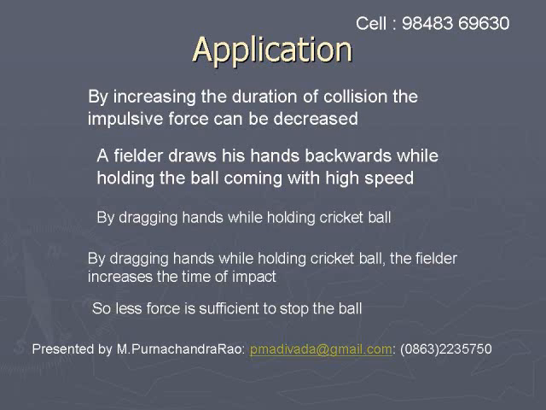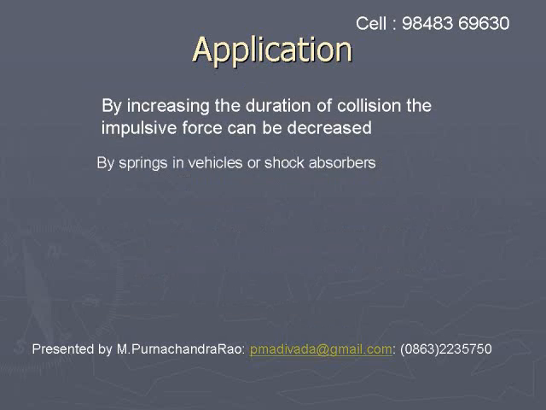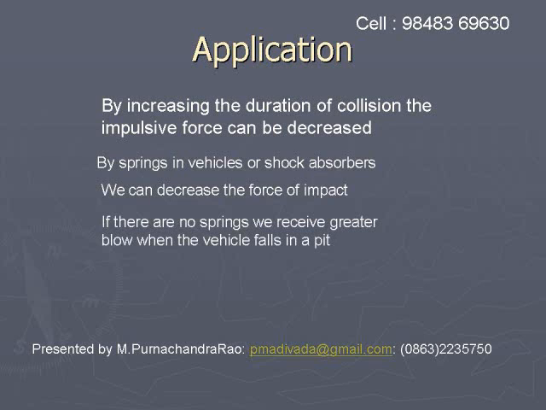We use springs in vehicles. Compression springs are known as shock absorbers. They are nothing but springs. When we use these springs, the impact of impulsive force will be less. While going on a vehicle, if there are no compression springs or shock absorbers, then we receive a greater blow from the seat when the vehicle falls in a pit.